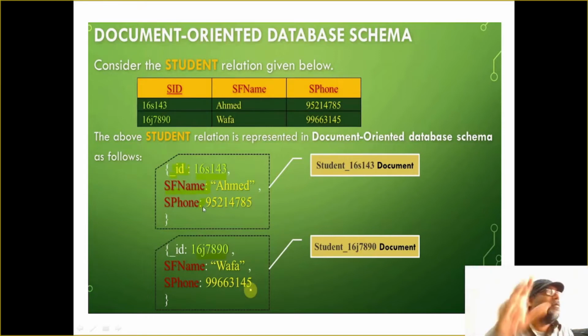Schema means simply that this complete unit is referred to as one document. This is another document. So how a document is represented, that structure we call schema, and inside the document are the values. As a whole, the document is so and so.